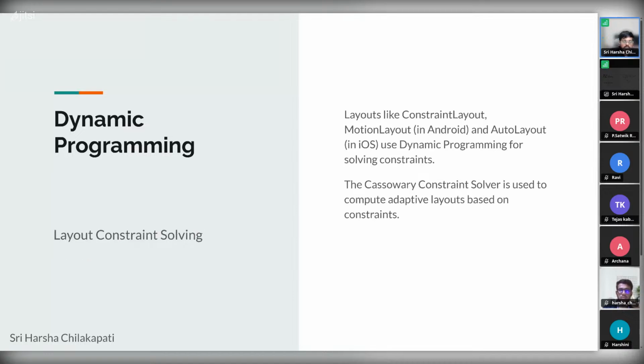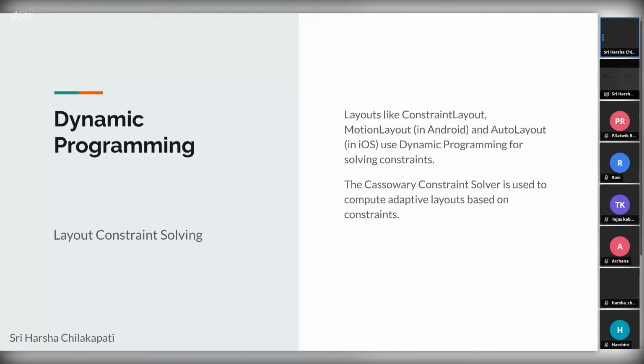Now, it is also used in layout constraint solving. The layouts that we first saw as examples were rows and columns, so it is a linear layout. What if you don't want that? You want to define it based on constraints. You can do that.